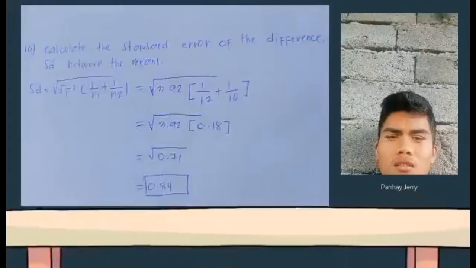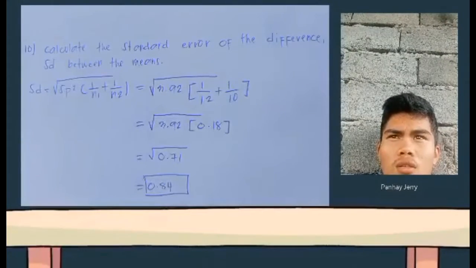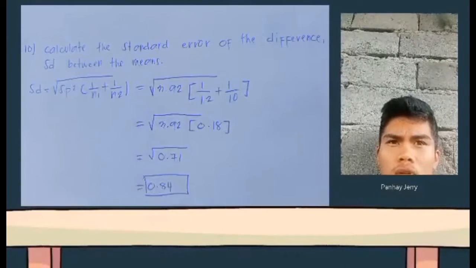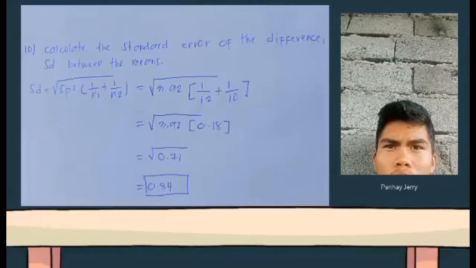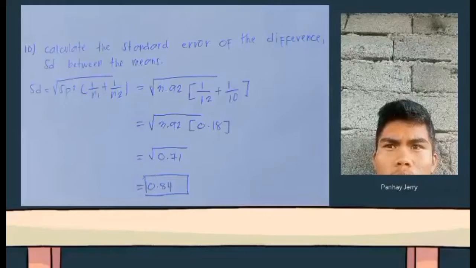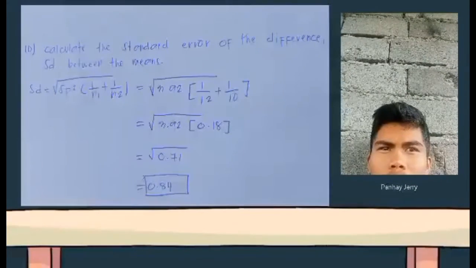Calculate the standard error of the difference SD between the means. SD is our standard error, because it is the square root of the pooled variance times 1 divided by n1, where n1 is sample size number 1, plus 1 divided by n2, which is sample size number 2. Square root of 3.92.